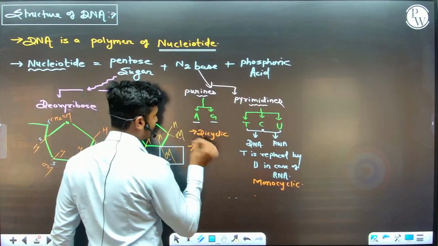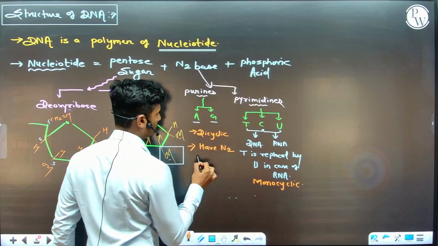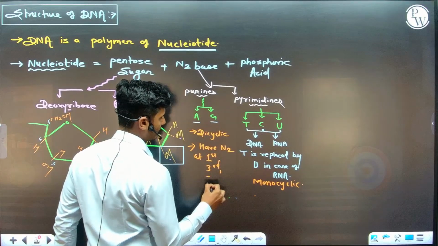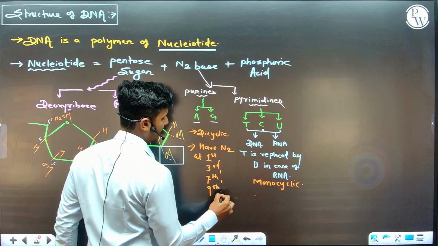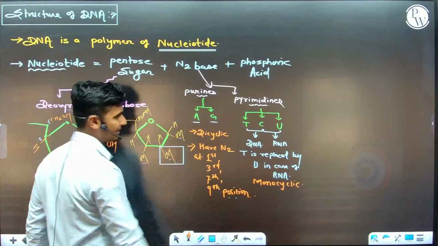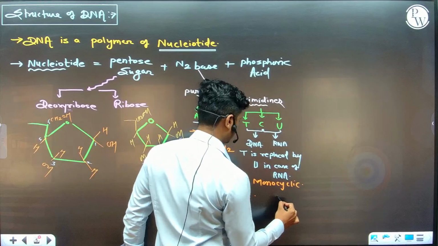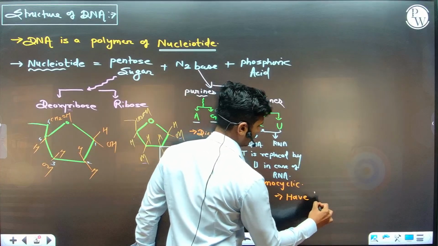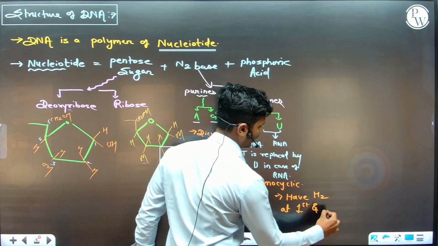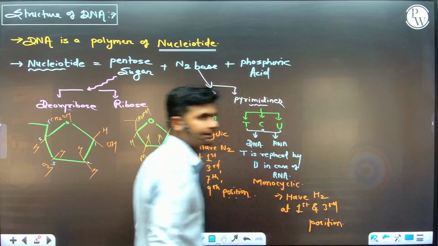Purine has nitrogen at the first, third, seventh and ninth positions. And the monocyclic pyrimidine has nitrogen at the first and third positions. Those are the detailed things.